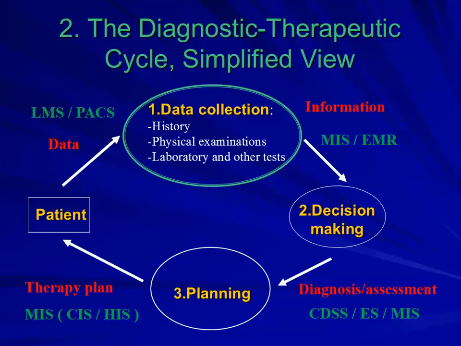We need to collect data about his current state, or retrieve previous data about his previous condition, if he has a medical history within your facility, your office, your clinic, or if you have the ability to communicate with other clinics. So first of all, we need to get data.